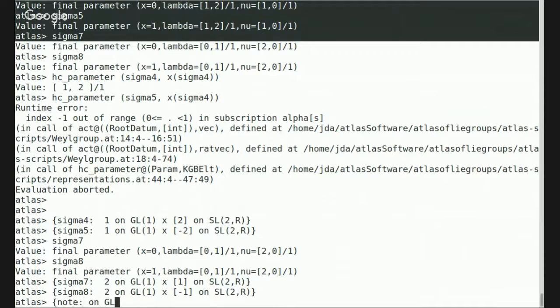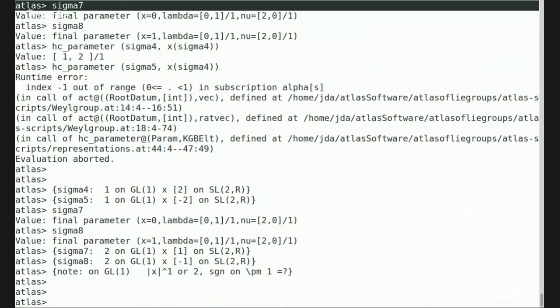On the GL1, we're talking about absolute value of x to the 1 or 2, and the sign, plus or minus 1, I'm not sure about. Okay. All right. So that gives these 4 parameters coming from this Cartan.